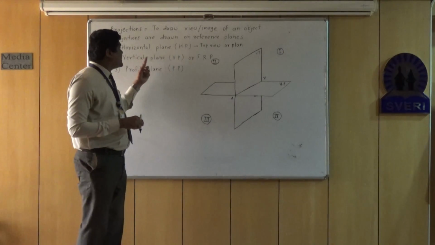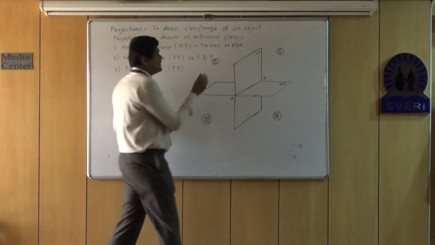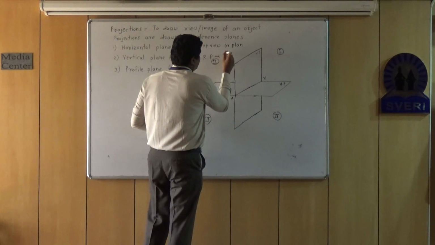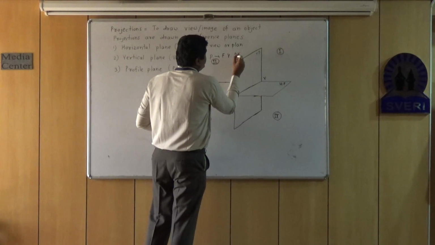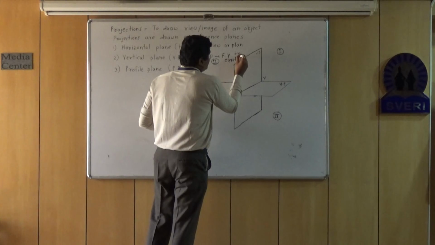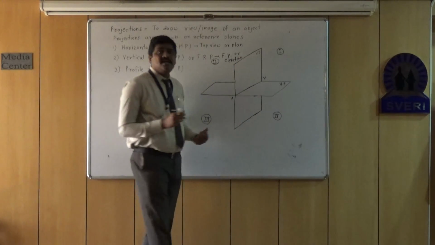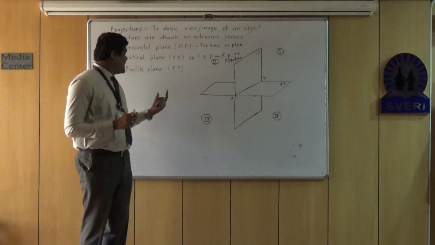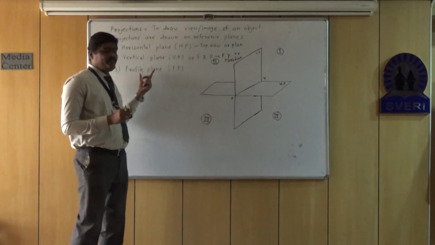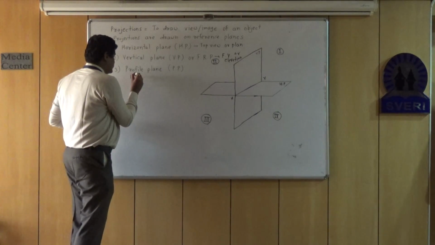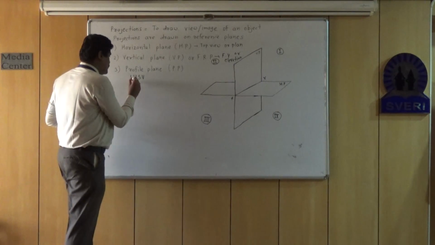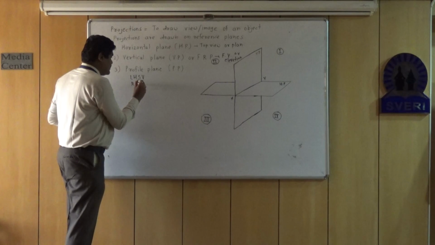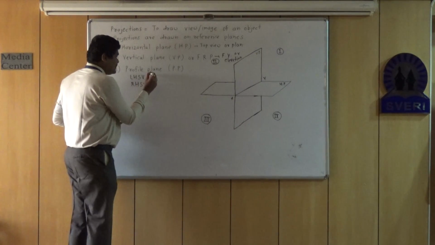Then in vertical plane VP or FRP, we obtain front view or elevation of the object, and in the profile plane we obtain left hand side view or right hand side view.